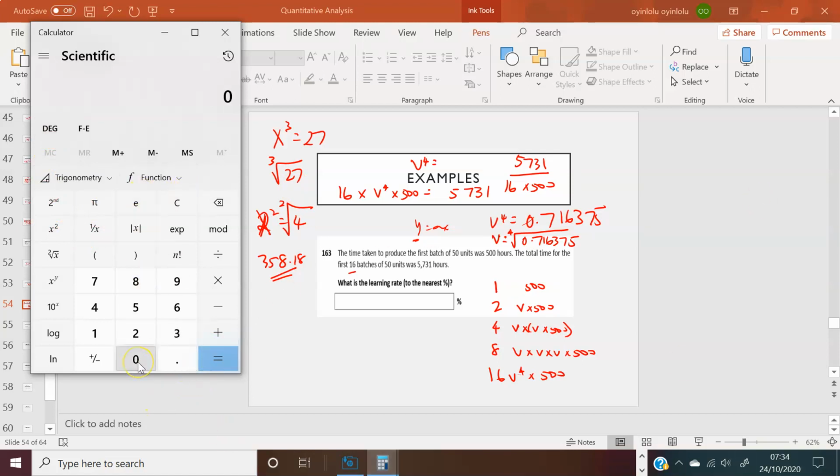Let me just see, 0.716375. Let's see if I click second degree first. Here we are, that's what I need. It's just finding it, isn't it? It's amazing how you have to look for these things.